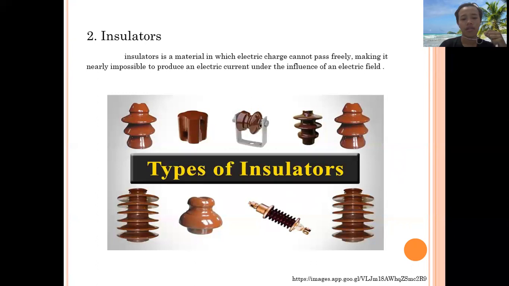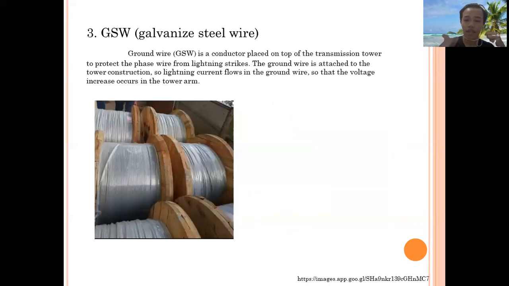The standard is IEC or SNI or PUIL in the PLN. And then number three, GSW, galvanized steel wire.